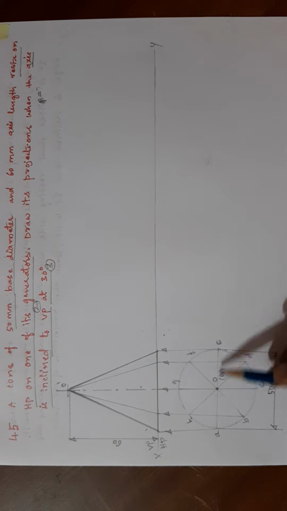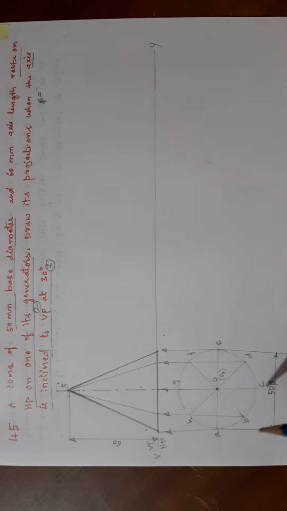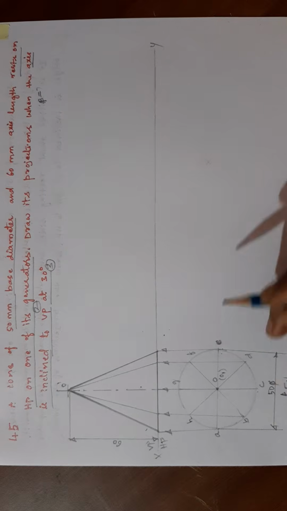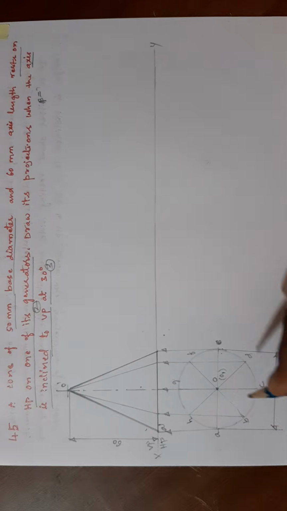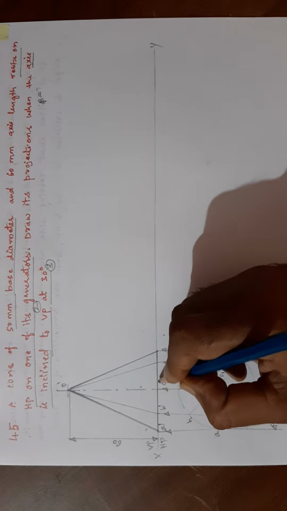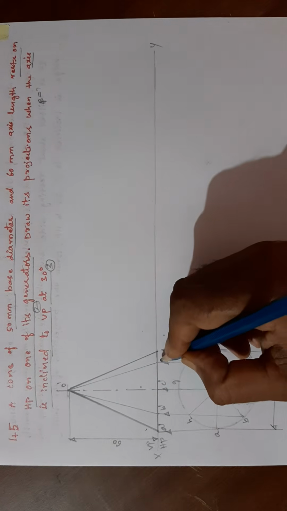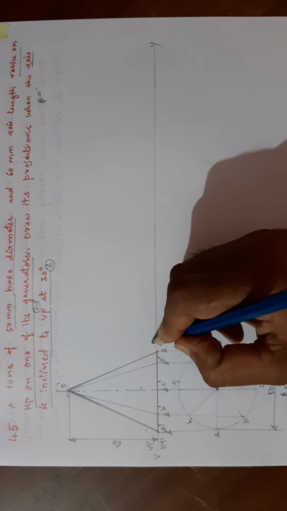Next, name the generators in the front view. In the front view A, B, C, D, E are visible: A dash, B dash, C dash, D dash and E dash.